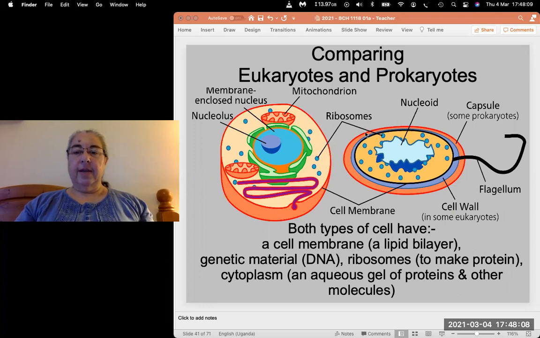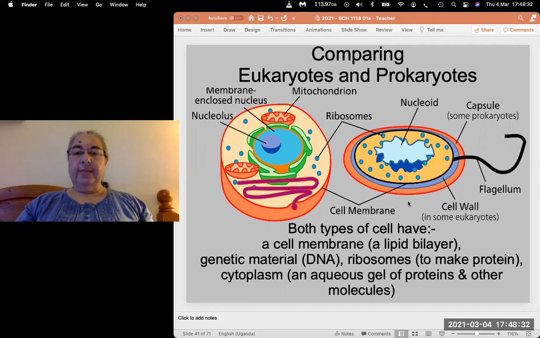Here on the prokaryotic cell, and here on the eukaryotic cell, the black layer on the prokaryotic cell and the red layer of the eukaryotic cell is the cell membrane, which is a lipid bilayer. We'll learn a bit more about that later.